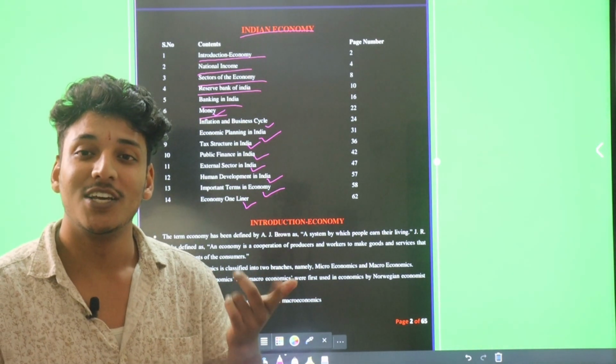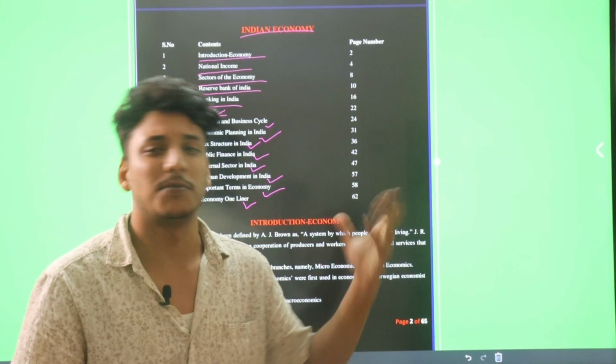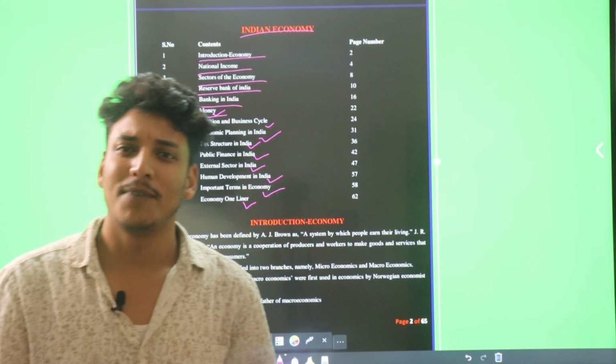Then it will make a strong foundation in this subject by practicing PYQs.